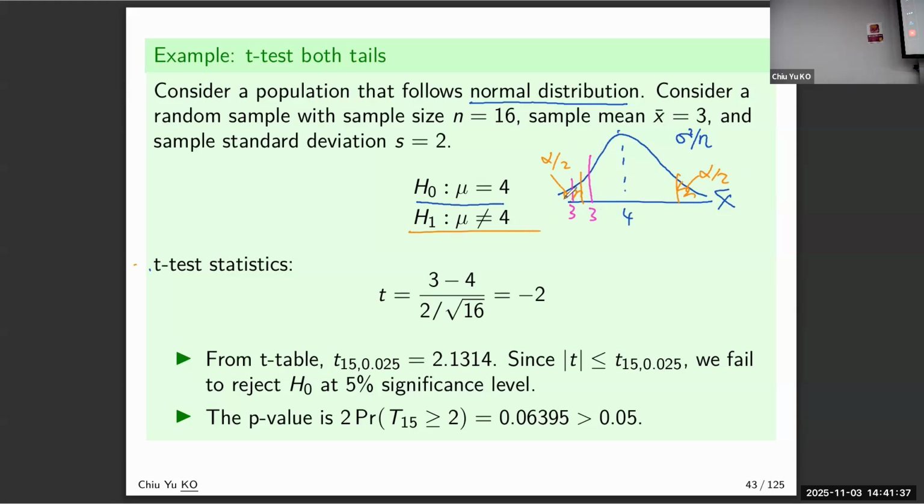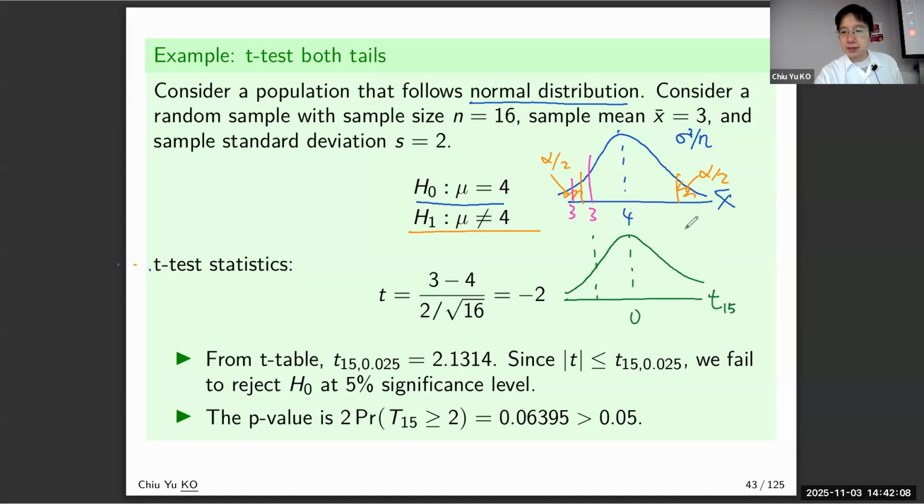Is 3 in the orange region or not? The problem of this question is, if we know the sigma square, then we can do the z-test. And we don't know the sigma square, so we have to do a t-test, right? Because once we replace sigma by s, it converts to t, and this will be t15, n minus 1, and 4 becomes 0, and this 3 becomes what?